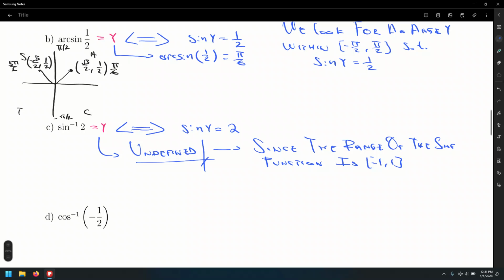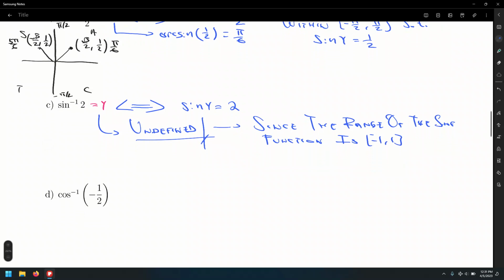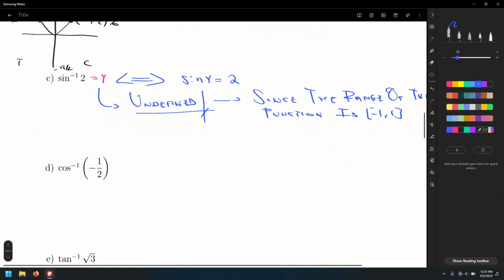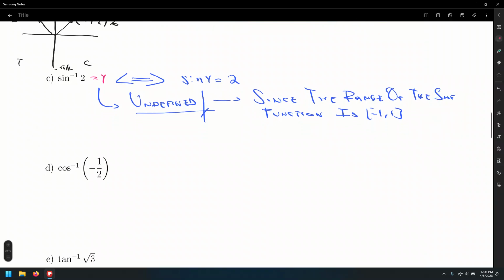Let's look at another example, because why not? All right. Cosine inverse of -1/2. Well, again, let's start with the fact that whatever this madness is, it will be some number y, or x, your favorite letter, it doesn't matter. Ultimately it's just a dummy variable.